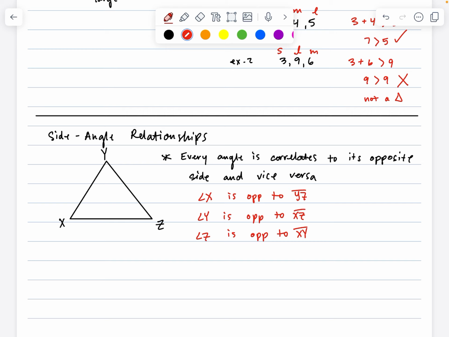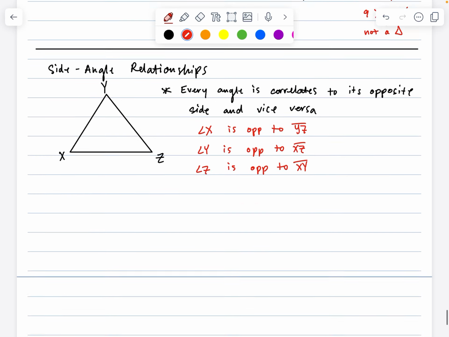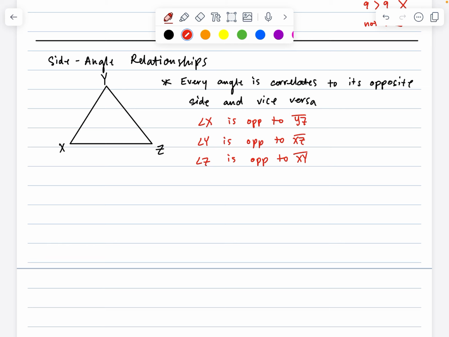Now this is an important relationship they have, because the longest side is always opposite the largest angle.